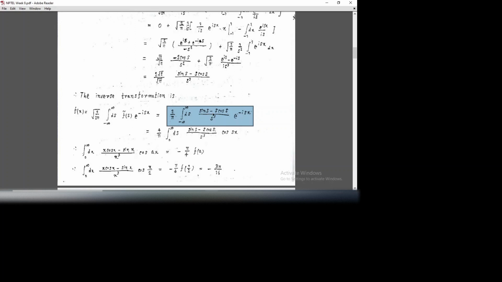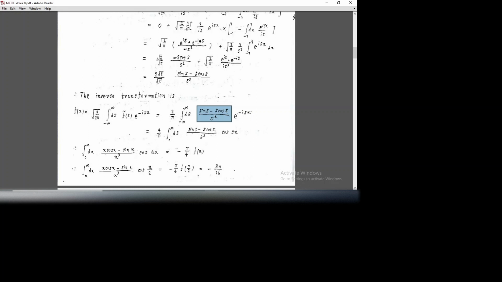So let us look here. This factor, only this factor, is an even function of s, right? Clearly this is an even function of s, because sin s is odd, s cubed is also odd, so odd by odd makes even, and s cos s is also odd, and the denominator is already odd.